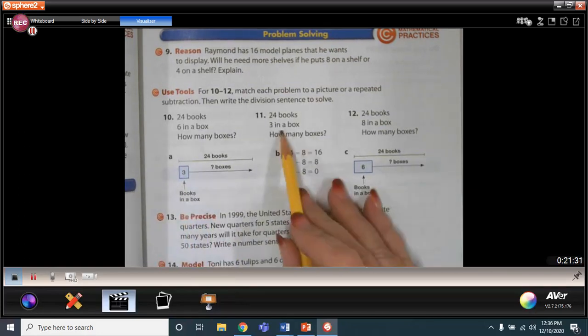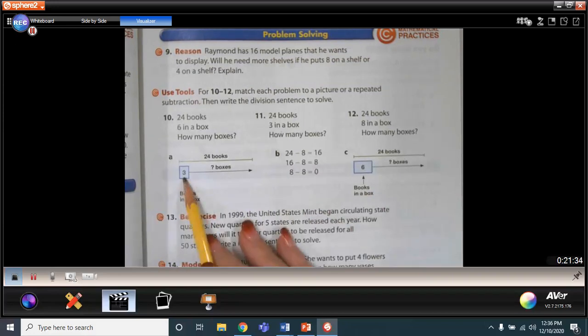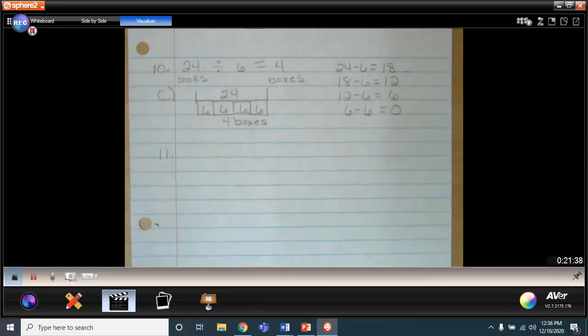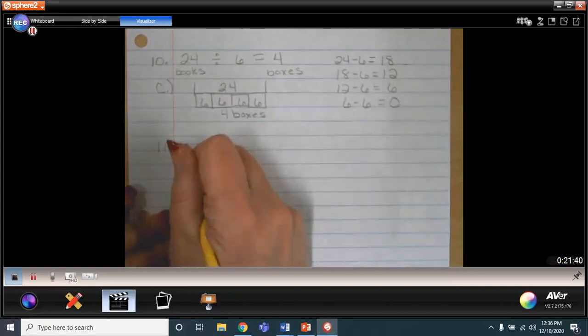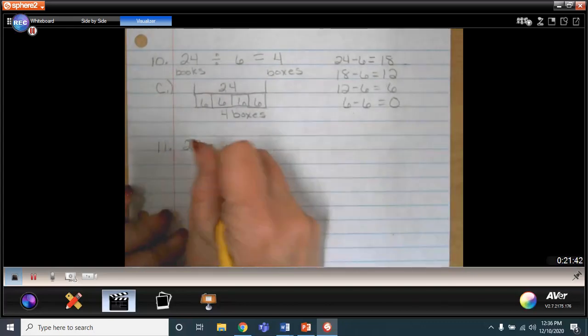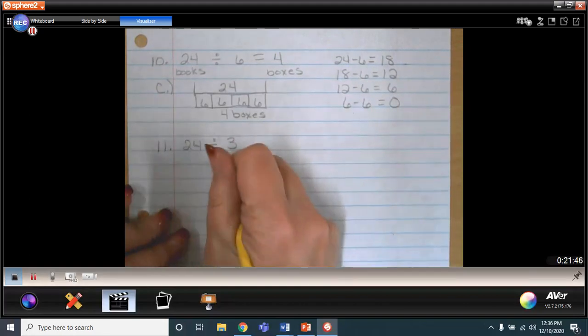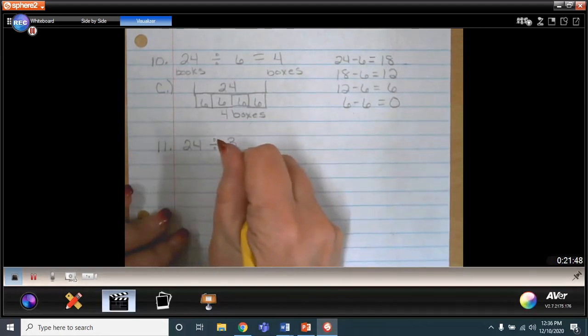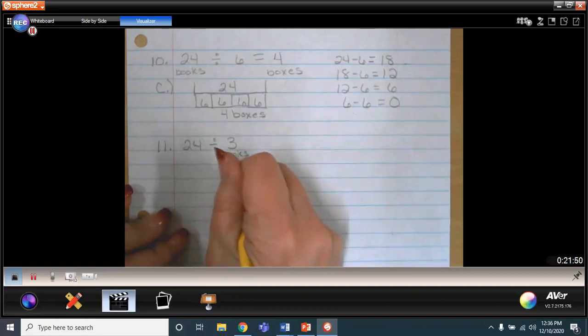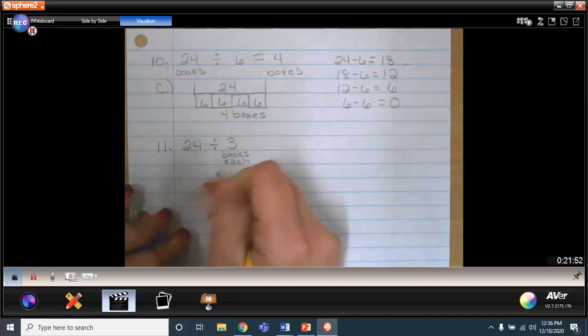So that tells me that they're putting 3 books in a box right there. So to match that, I'm going to show 24. I'm dividing them into 3s. So 3 books each box. If you think about this, there's a pile of 24 books, and we're taking away 3 books off the pile and putting them into a box.